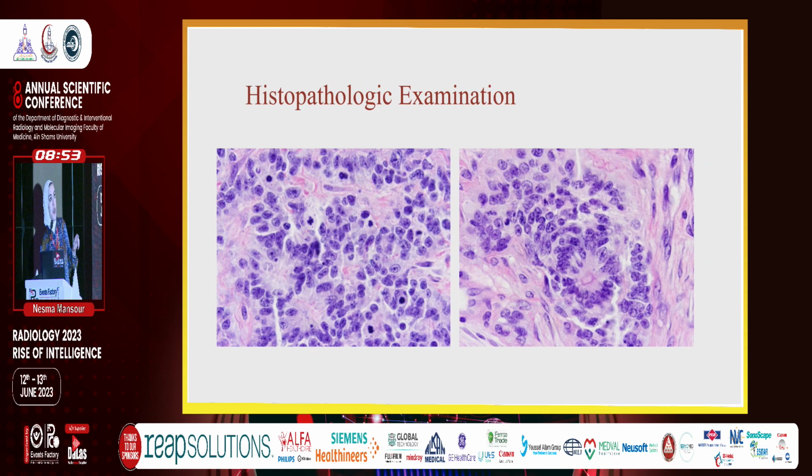Higher power highlights what my mentor, Dr. Riham, mentioned, the rosettes morphology. We can appreciate the rosettes here, and they are even multi-layered. So here's our first hint for the case. The multi-layered rosettes are around neuropil material, a central lumen, or we can even see rosettes around blood vessels.